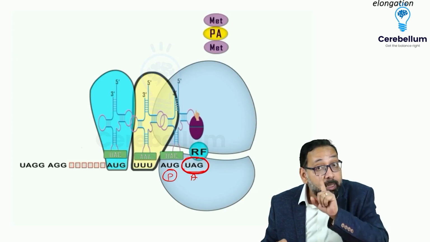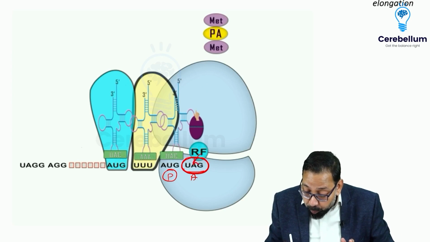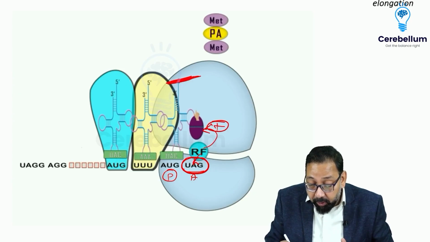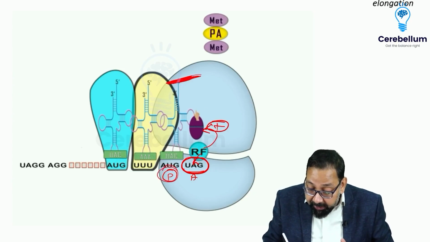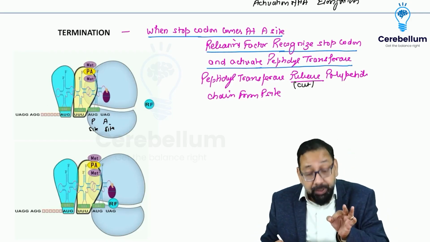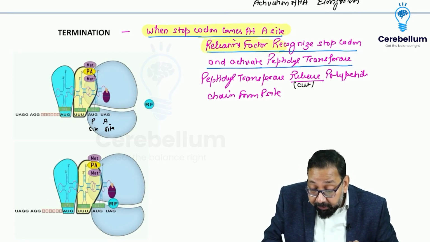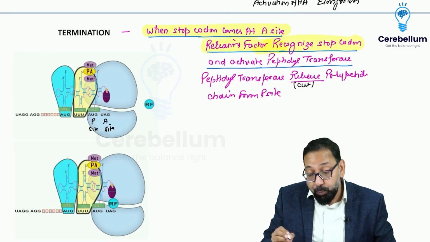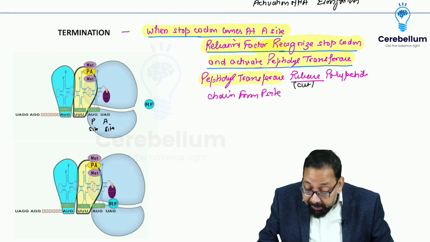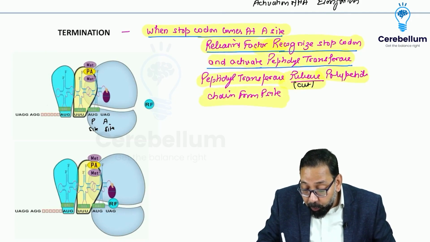Point it out: the releasing factor is not releasing. The releasing factor recognizes the stop codon and activates peptidyl transferase. This polypeptide chain is cut from the P site by which enzyme? Peptidyl transferase. So in termination of protein synthesis, when a stop codon comes at the acceptor site, the releasing factor recognizes the stop codon and activates peptidyl transferase, and this peptidyl transferase cuts or releases the polypeptide chain from the P site.